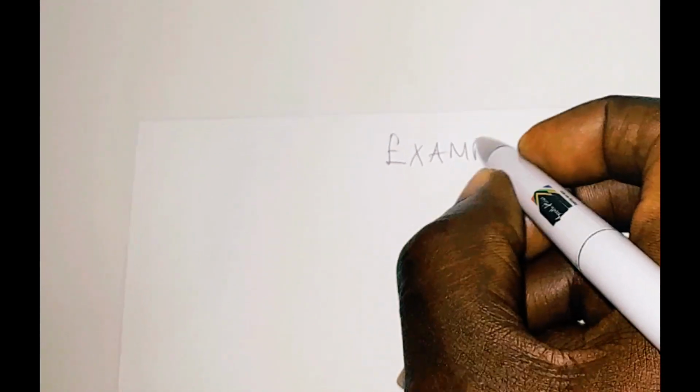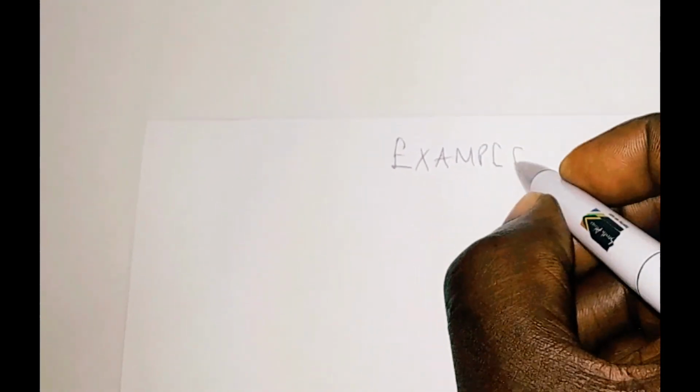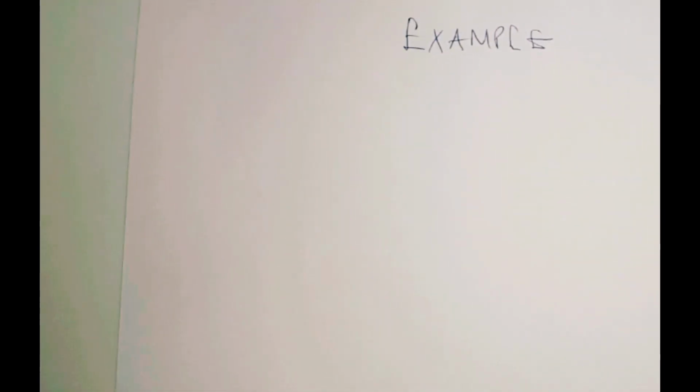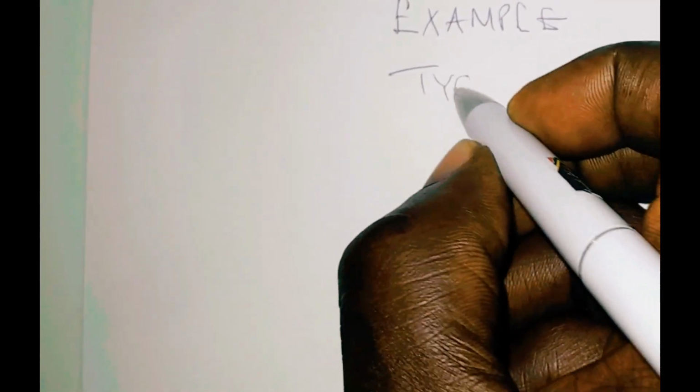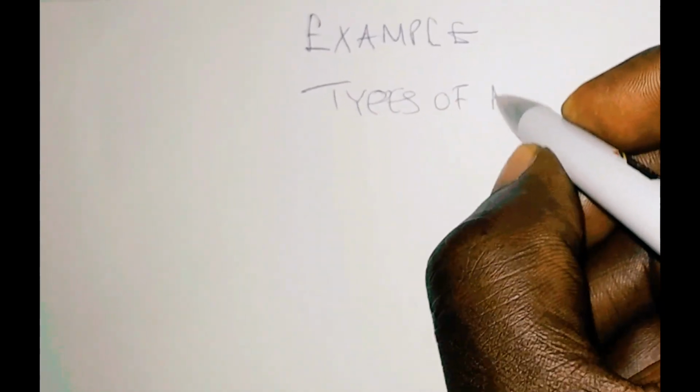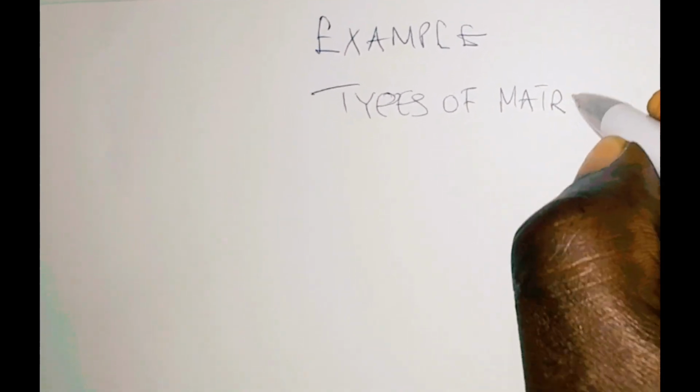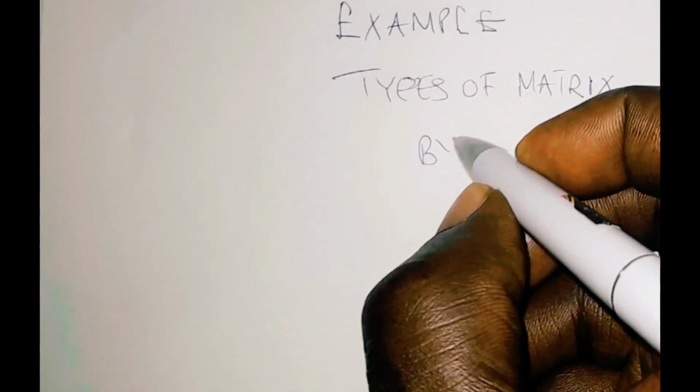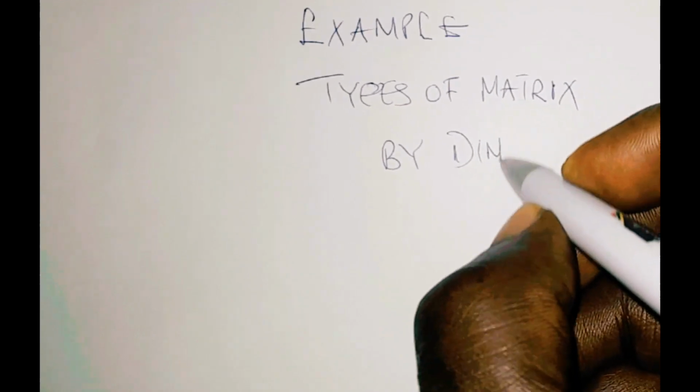We'll be taking another example. I won't notate the row and column anymore since it's no longer news to us. So we'll just go by types of matrix by dimension.